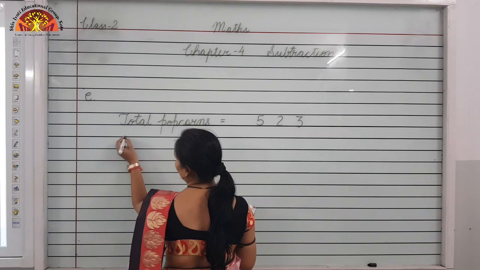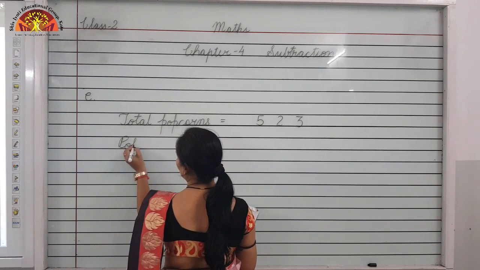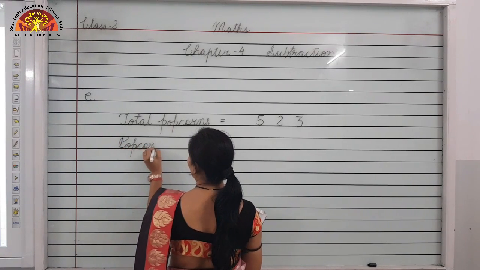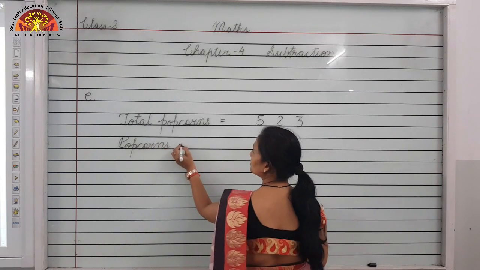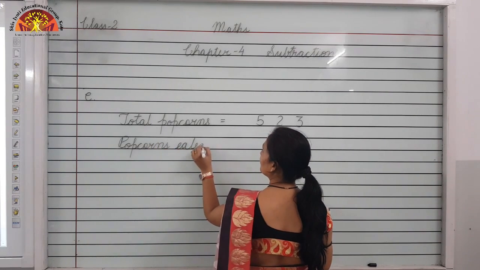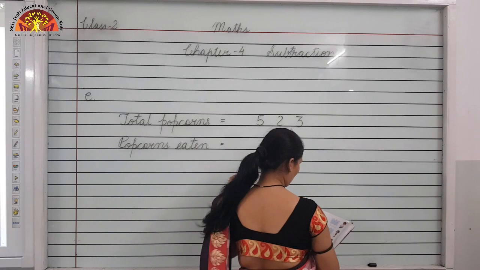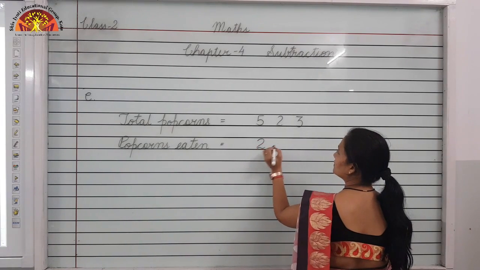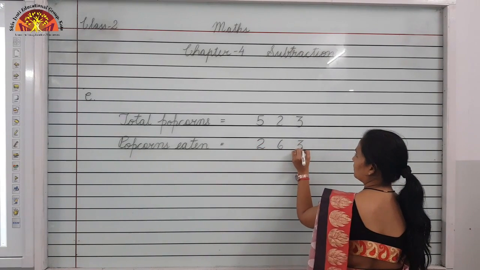Popcorns eaten. Number of popcorns eaten is equal to 263.